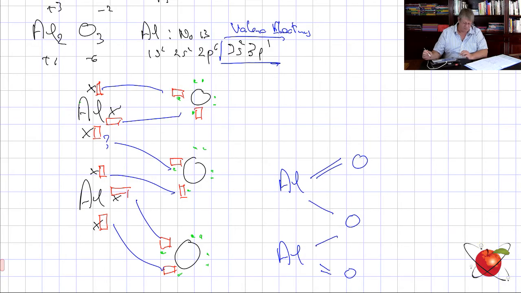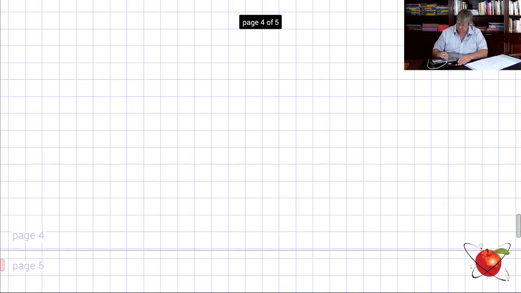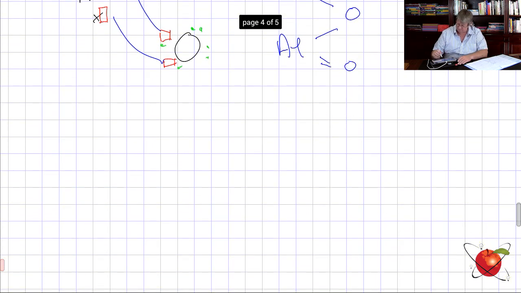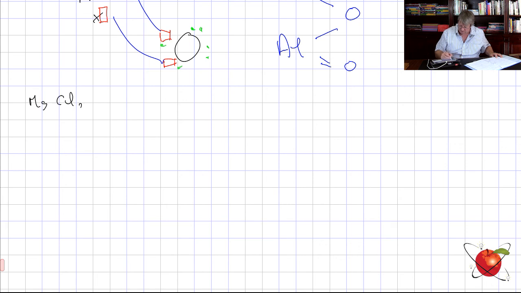And the last one was magnesium chloride. No, and I've got methane still to go. So let's do magnesium chloride, shall we? Magnesium and chlorine, MgCl2.